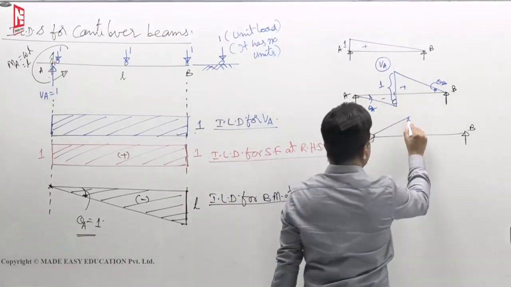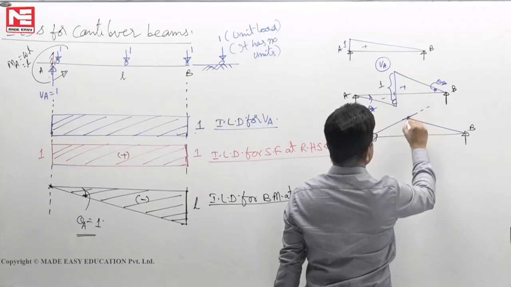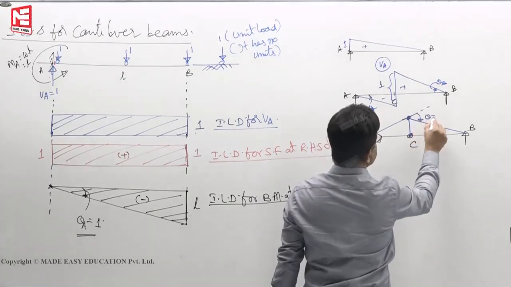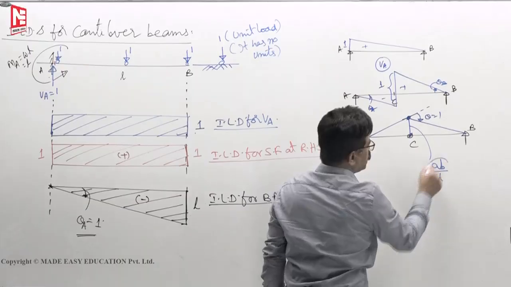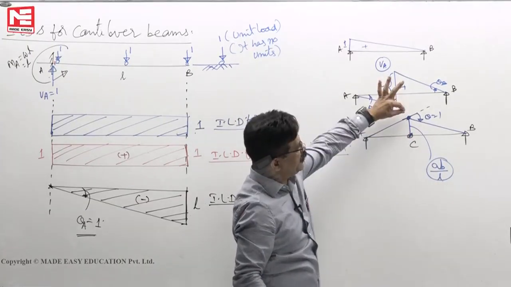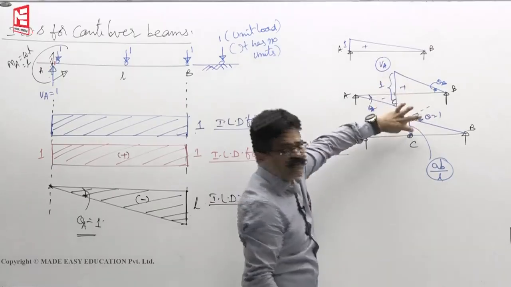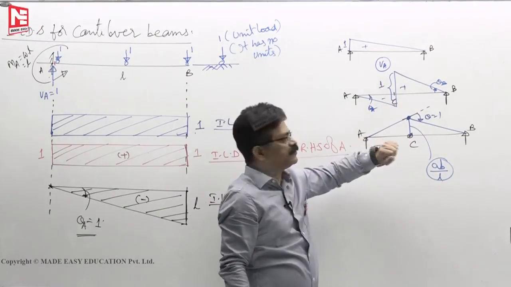You lift it by an amount of AB by L, so that this theta I want 1, say. For theta to become 1, I have to lift it by AB by L. Assume a hinge, lift it by AB by L, then automatically theta becomes 1. That's what you have learned.